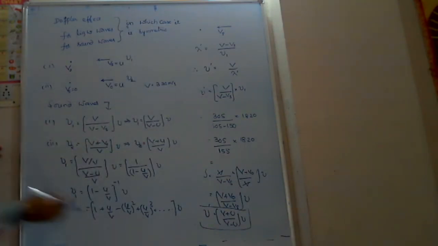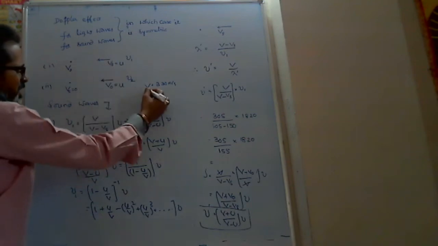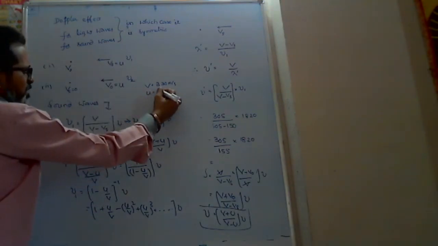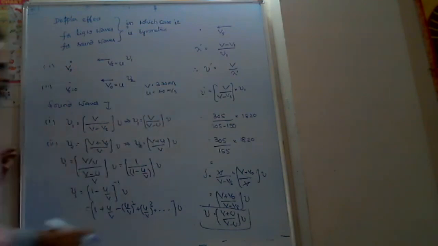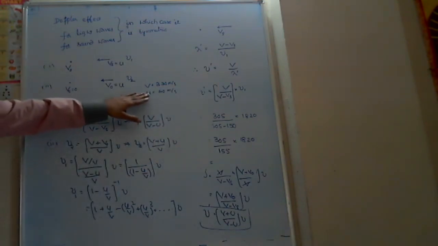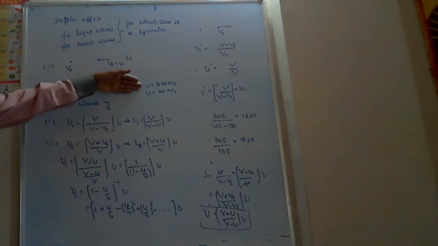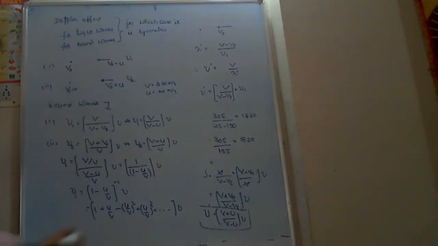And the source or observer generally move at some 40 or 50 meters per second. If it is 1 or 2 or 3 meters per second, then you can neglect. But with 40 or 50, you can't neglect the higher order terms.